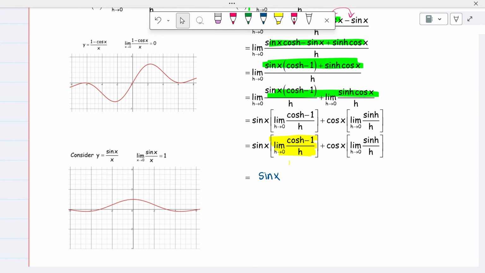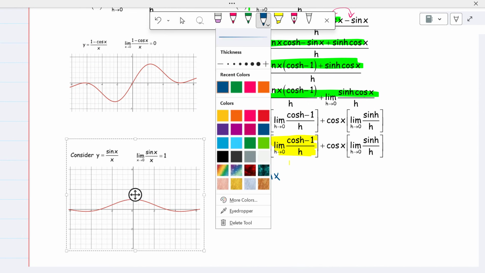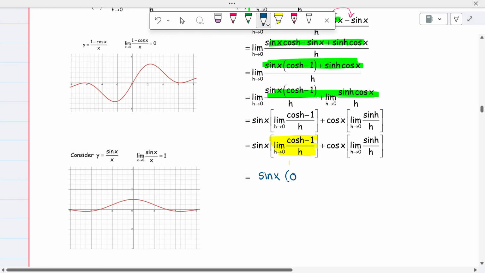And is it backwards to what we have? But a negative 0 is still a 0. Right? So then this whole piece we can change to a 0 plus cos x times 1. Right? So sine h over h, if we approach 0, we learned last class that that equals 1.